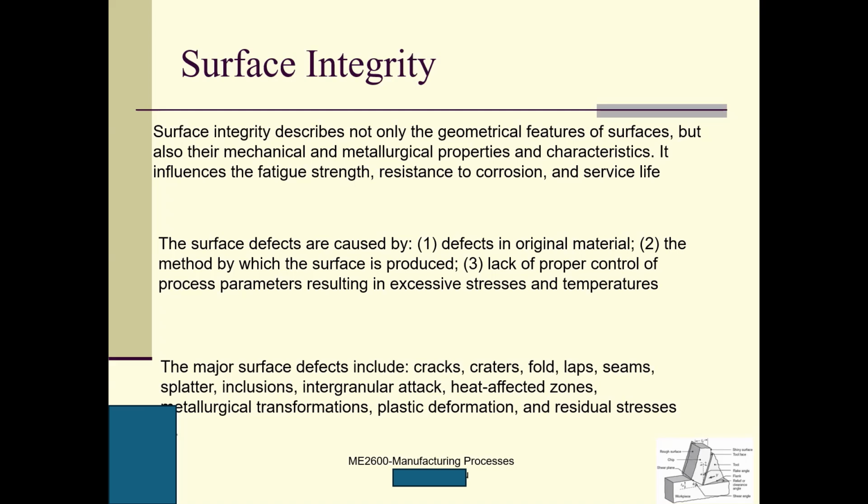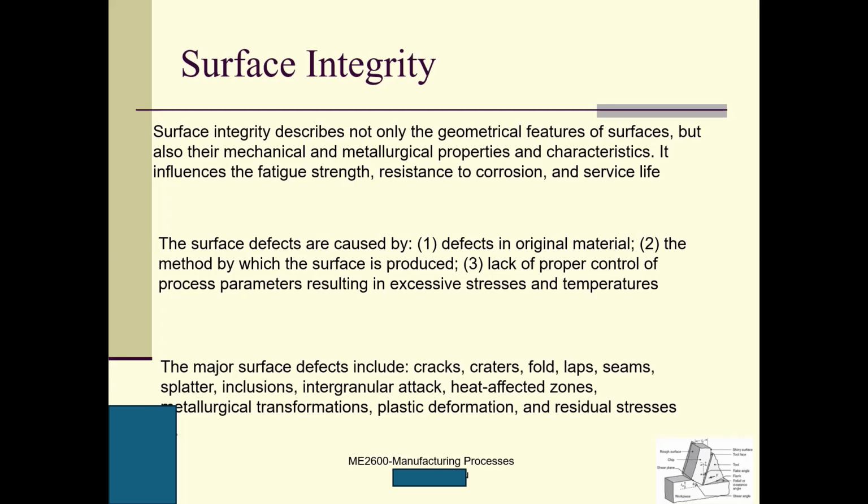What kind of method you are using: turning, milling, laser assisted, or laser ablation. And third is lack of proper control of process parameters, resulting in excessive stress and temperature. So the defects are usually caused by these three conditions.